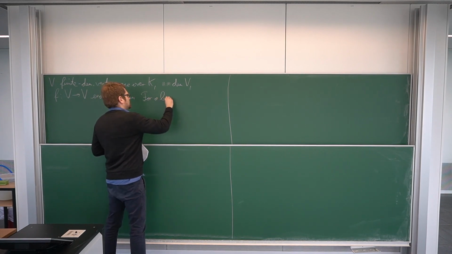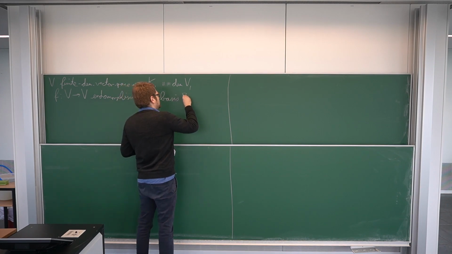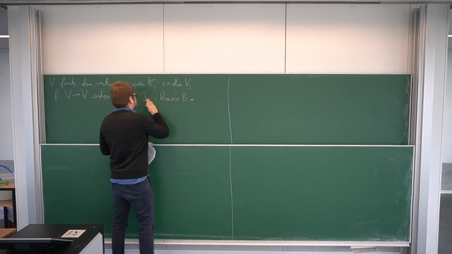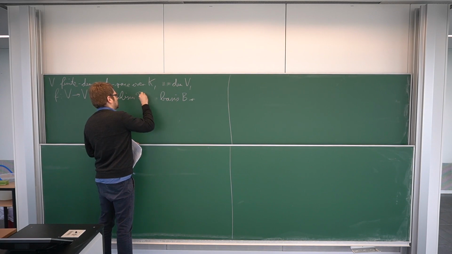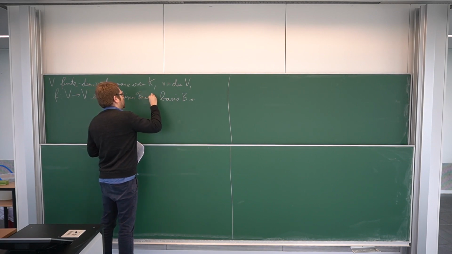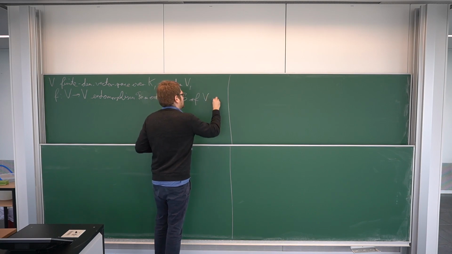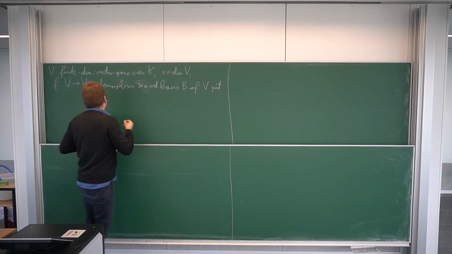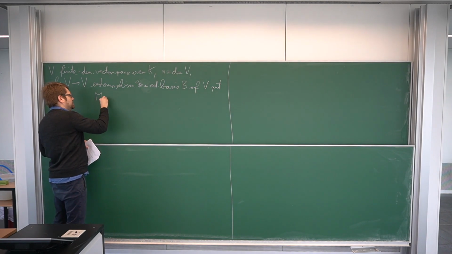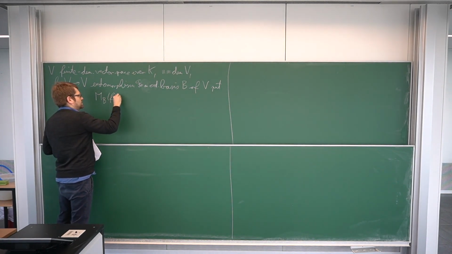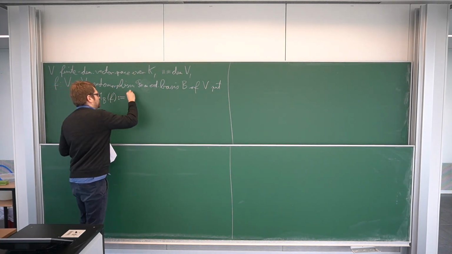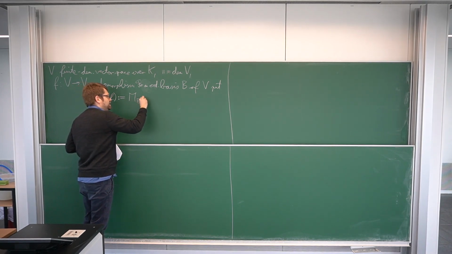For an ordered basis B of the space V, we do the following. We just write M_B(F), and this is notation for M_{B,B}(F).